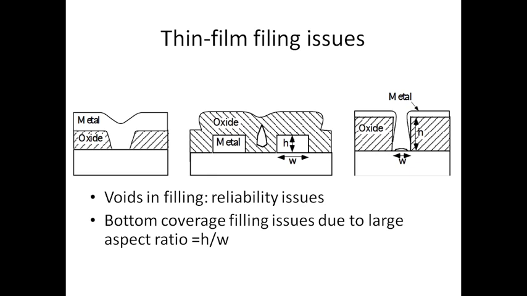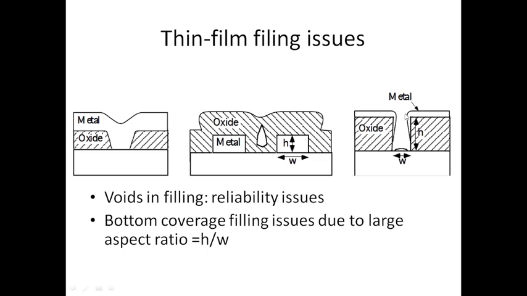So these types of voids will create reliability issues, which is not acceptable during thin film deposition. So these types of fillings will create issues in the working of the circuits.